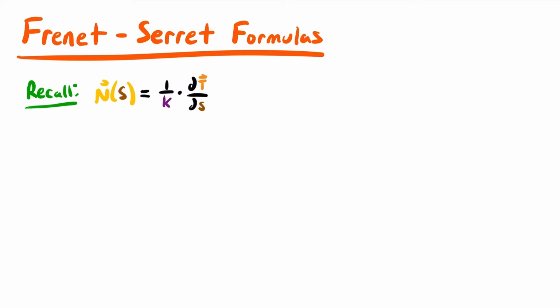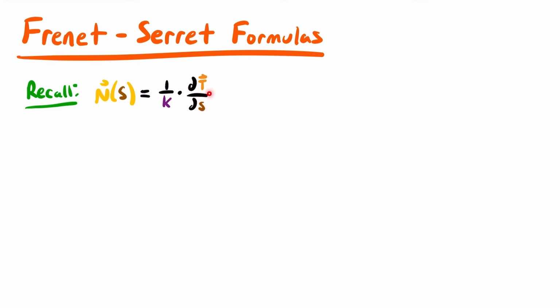If you recall from the very end of my lesson on TNB frames, we looked at the relationship between TNB frames and curvature, specifically a way that you could rewrite the unit normal vector in terms of the arc length parameter using the curvature κ. We said that the unit normal vector in terms of s is equal to 1 divided by the curvature times dT/ds, the derivative of the unit tangent vector with respect to the arc length parameter.